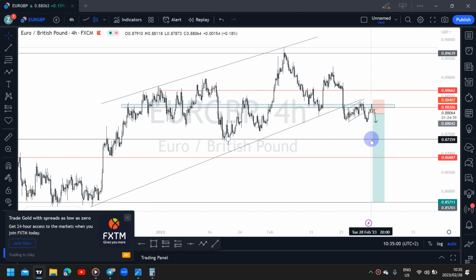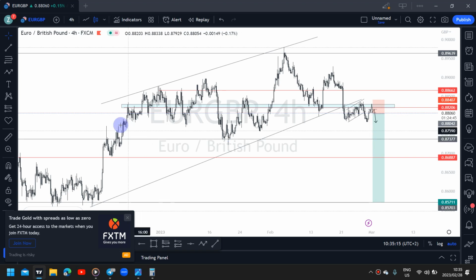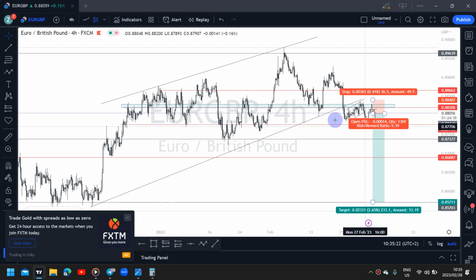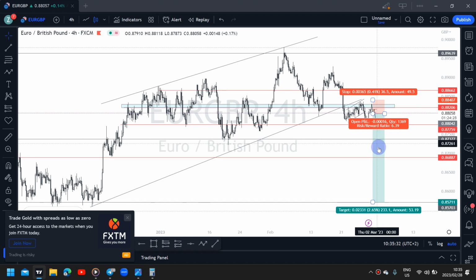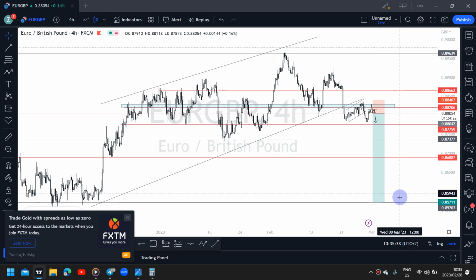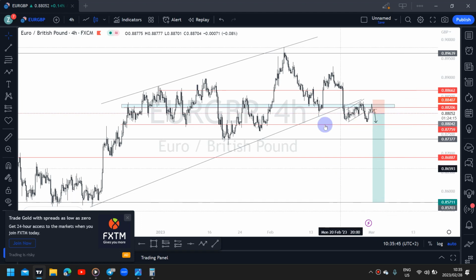So what I can do is, if the market activates my sell and pushes down to reach my key level there, then I should possibly lock my profits at the key level that I've just catered for, and just see if the market is gonna break to the downside, retest and continue, and do the same thing, break out, retest and continue to the downside until it reaches my overall take profit. That's how I would cater for this.